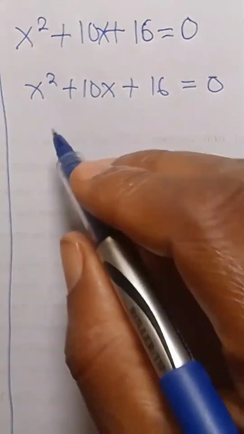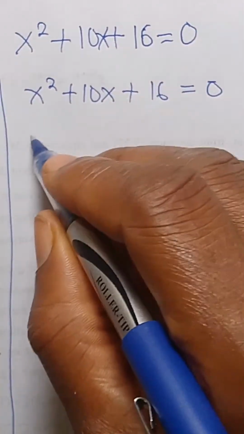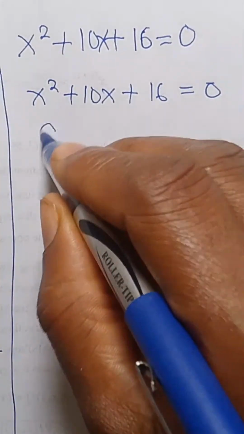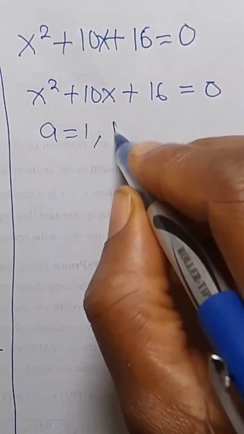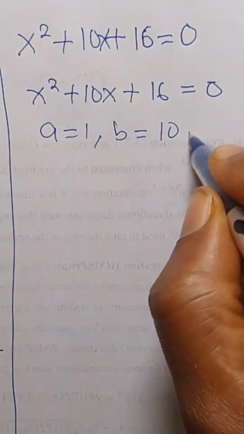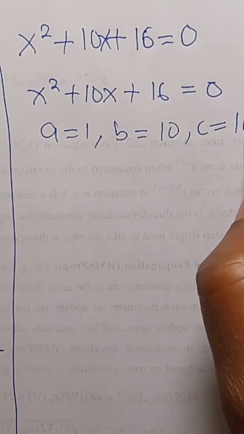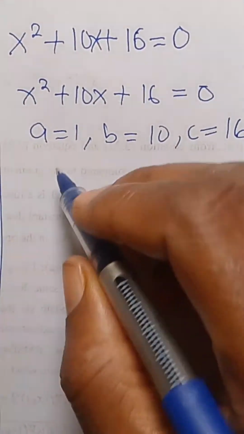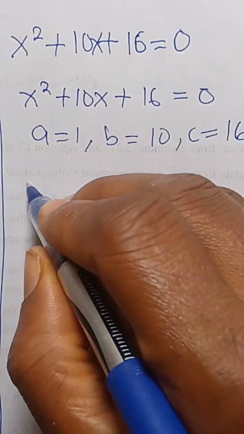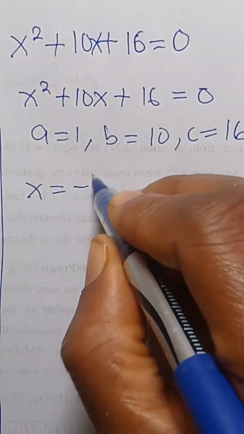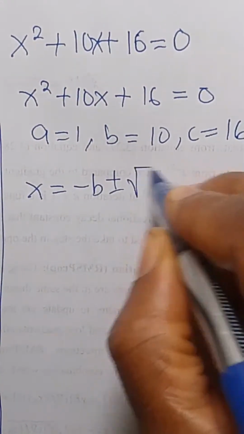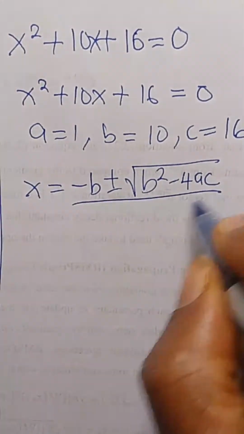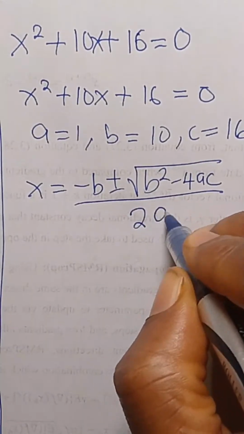All right. So we have to find our A, B, C from here. So our A is 1, our B is 10, and our C is 16. Okay. So please help us with your calculator. You're going to help us and solve this. So we have x is equals to minus b plus or minus square root of b squared minus 4ac all over 2a.